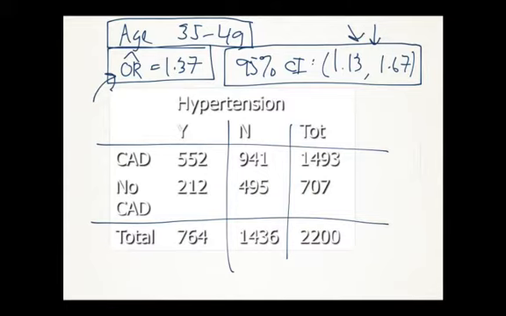So the question we're asking now is, should we combine the odds ratios in these two different age groups to get one odds ratio, or should we keep them separate?